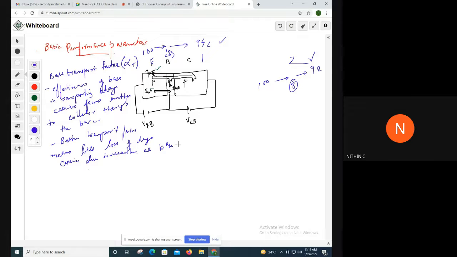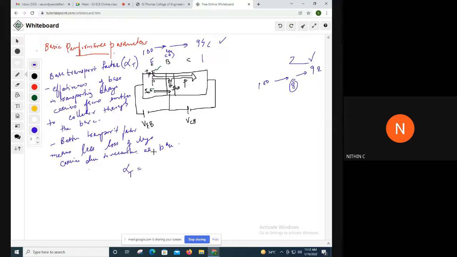Okay, now we need to represent this in mathematical form. Alpha T is equal to... Just think about that. Represent the effectiveness of the base in transporting charge carriers injected from the emitter to the collector through the base.